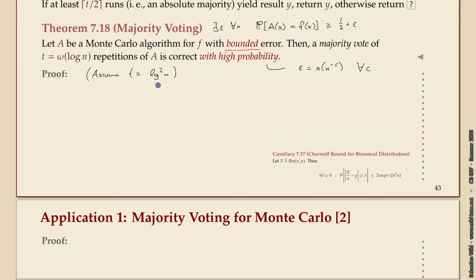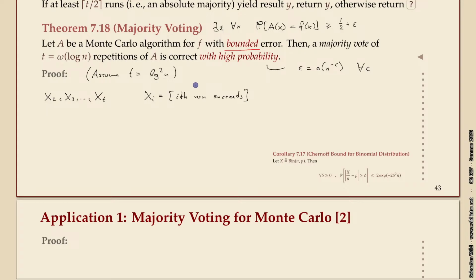So we do t repetitions. That means we can define t random variables, x1, x2 up to xt, where xi is the event with a random variable that the ith run succeeds, which means produces the right output.